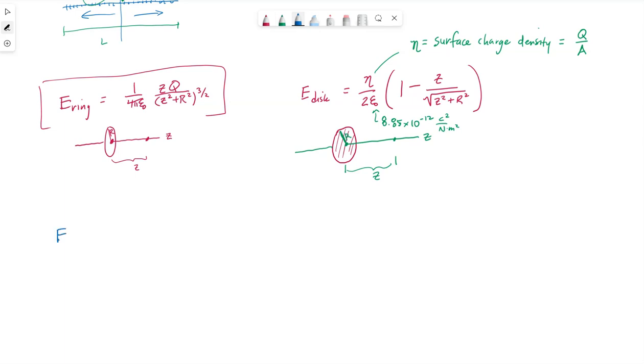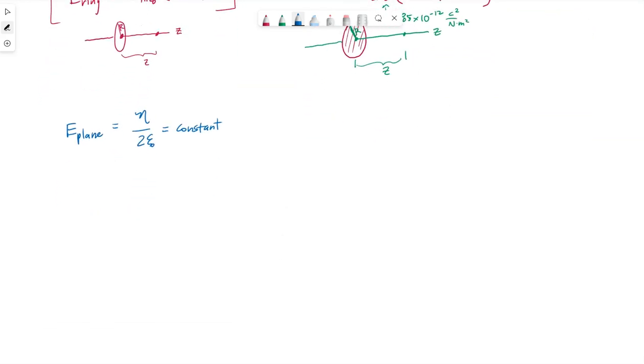E of a plane. What we mean by that is something that's very, very large. So this could be an infinitely large disk or rectangle, but something that is very, very big compared to any distance z away from it.